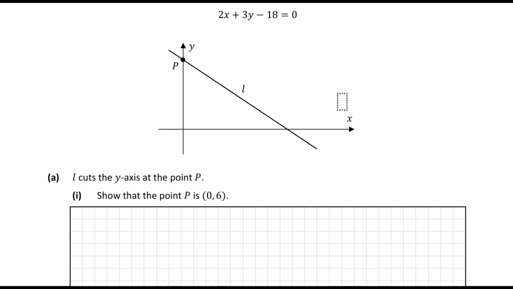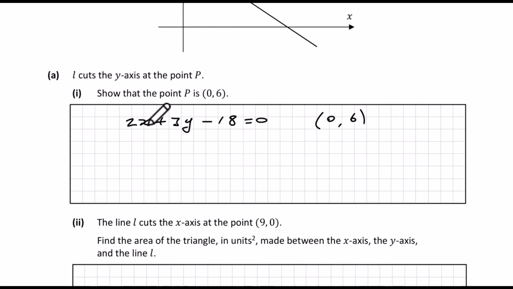If we look at the equation we're given, 2x + 3y - 18 = 0, we have to check if the point (0, 6) is on that line. So you should know that this is your x, this is y, so the 0 is the x, the 6 is the y. So really all you've got to do is just sub those in and see, do you get 0?